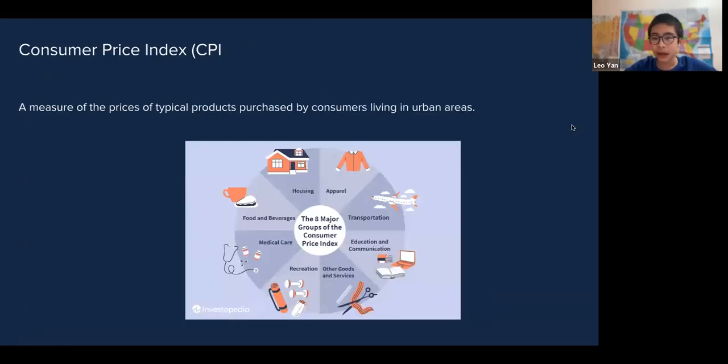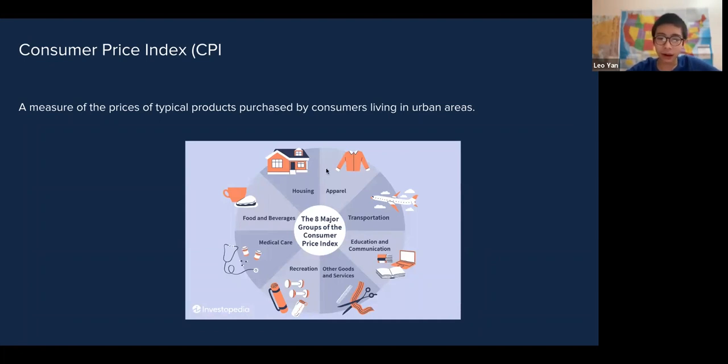Next topic. So another way to evaluate is through the consumer price index. What exactly is the consumer price index? The consumer price index is a measure of how much it costs for consumers to buy certain goods. And this is not any particular goods.